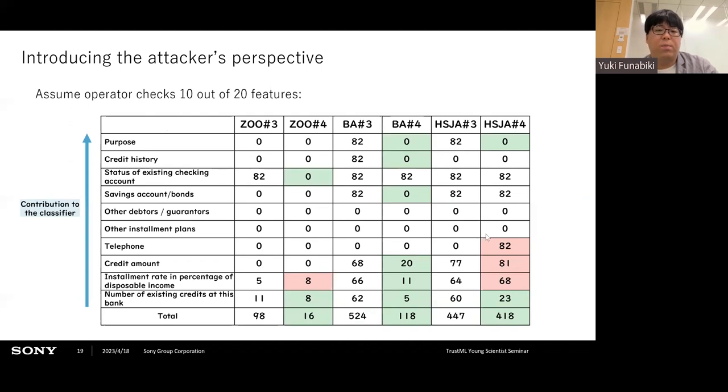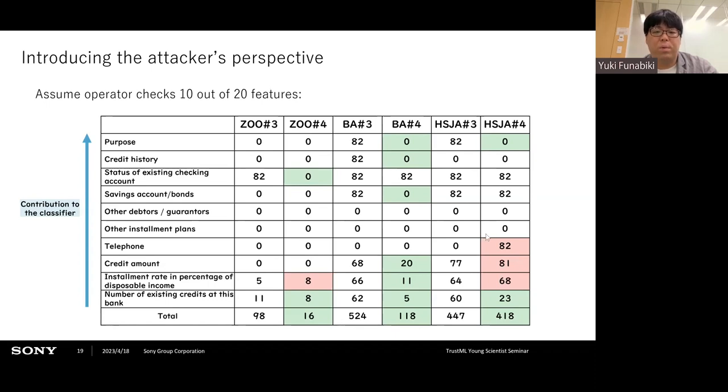And in the fourth phase, we apply the which column is sensitive or which column could be monitored by operators. At first, we assume that the operator checks 10 out of 20 features, and we select 10 features from the contribution to the classifier.